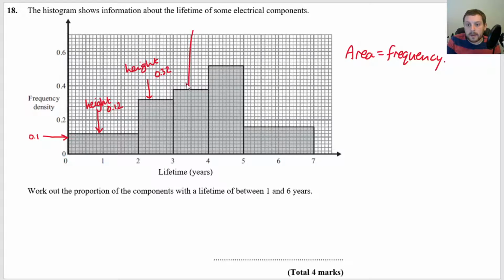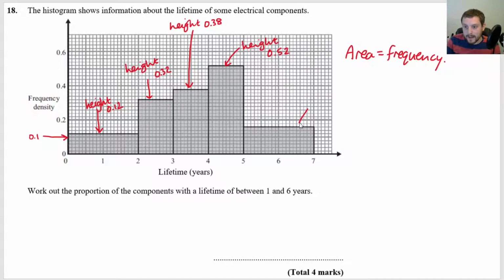This one here has height, so that had 0.32, 0.34, 0.36, 0.38. This one here has a height of 0.52 because it's 0.02 above 0.5.